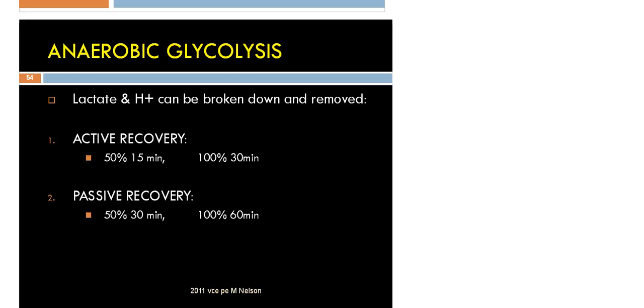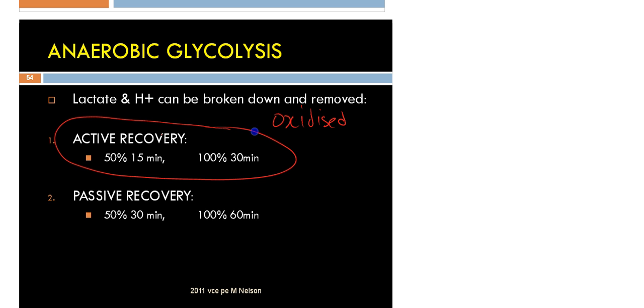Looking at recovery, lactate and hydrogen ions can be broken down and removed. They can be oxidized. Using an active recovery, 50% in 15 minutes, 100% in approximately 30 minutes.